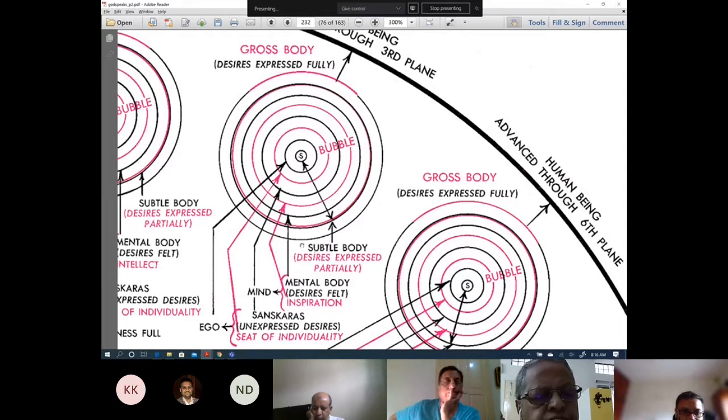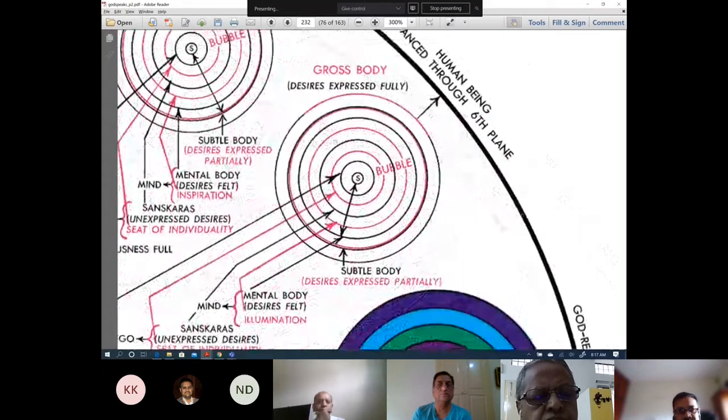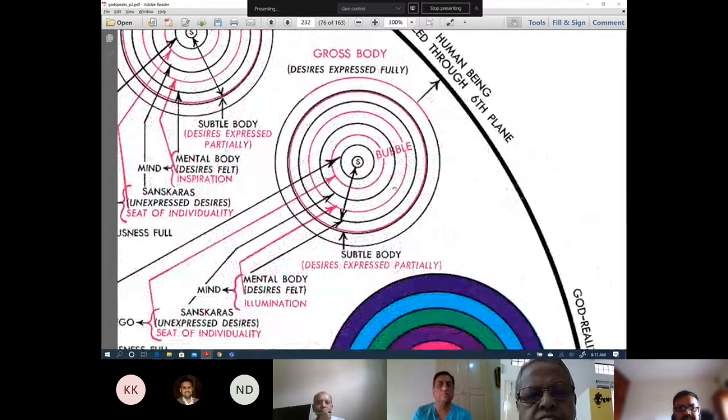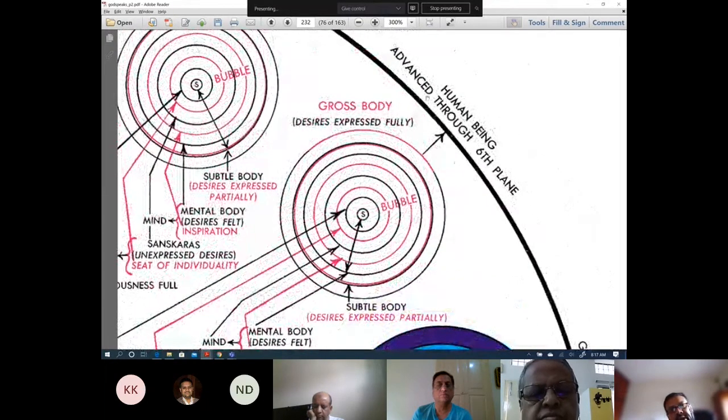From there, you go to the mental body, and the last one before gross body is the subtle body, where the desires are expressed partially with the pink line, right? So again, if you see the coloration of the final circle, there's partial pink and partial black. So I think we need some help for sure to master this diagram, if that is required for a full appreciation of the book.